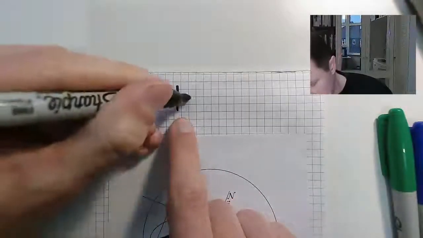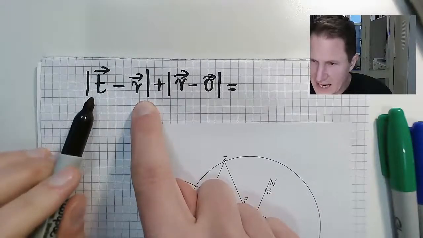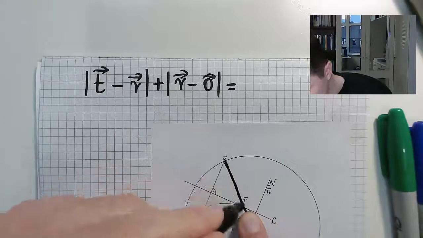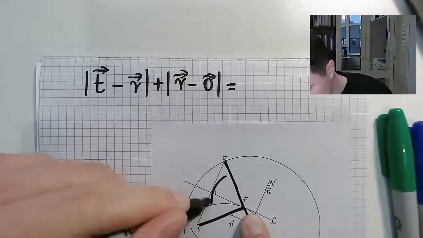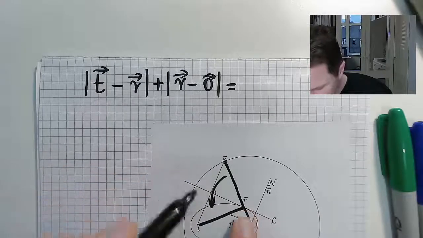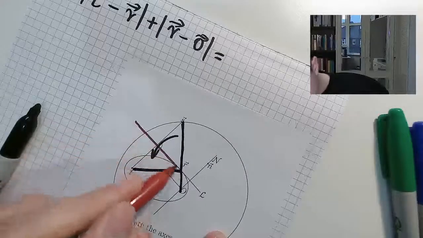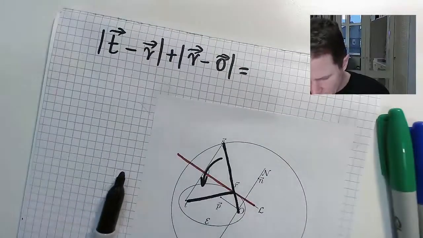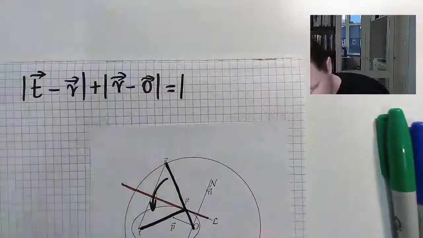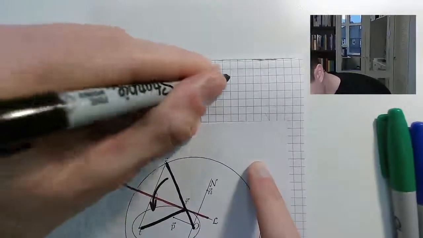So what we get here, t minus r has the same length as s minus r, because the way we got t is by reflecting through this tangent line, right? Okay, so this is why t minus r is the same thing in length as s minus r.